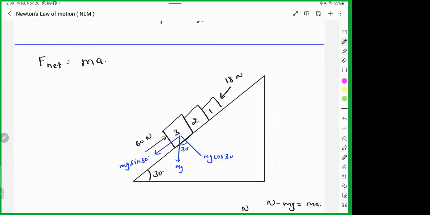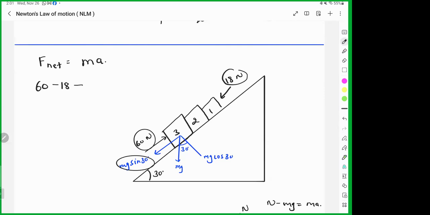Net force is what? Upward force is 60 Newton, downward force is 18 Newton, and also the total mass's mg sin theta is acting in the downward direction.